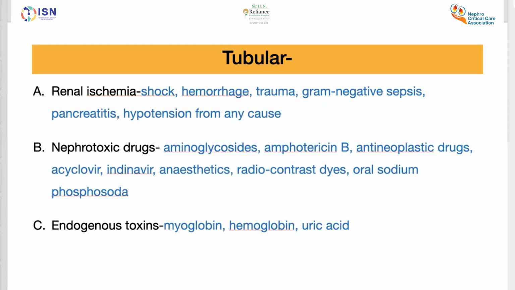Nephrotoxic drugs causing tubular damage include aminoglycosides, amphotericin B, antineoplastic drugs, acyclovir, indinavir, anesthetics, radiocontrast dyes, or oral sodium phosphate, which is used for bowel preparation in colonoscopies. Endogenous toxins like myoglobin, hemoglobin, or uric acid may cause tubular damage leading to acute kidney injury.